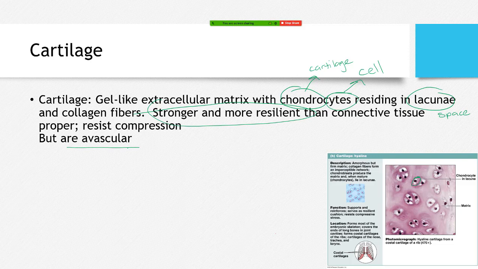It needs nutrients nearby. Since it's a gel-like ground substance, let's think about this. Do things move easier or harder through something that's liquid, through something that's viscous, something that's more gel-like? Which one is going to be having things harder to move through?